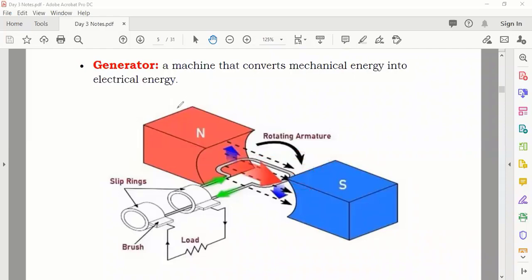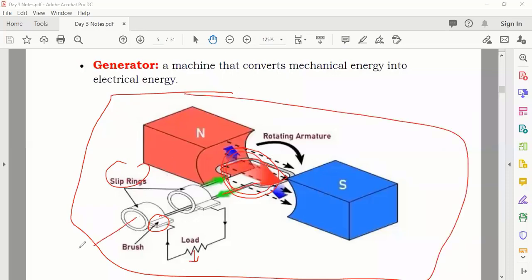Yes. Okay. Here, this is the coil, and these are your slip rings, and this is the brush, and this is the electricity. So when this coil rotates and the electromagnetic flux is changed, at that time electricity is produced. So this is the generator part.